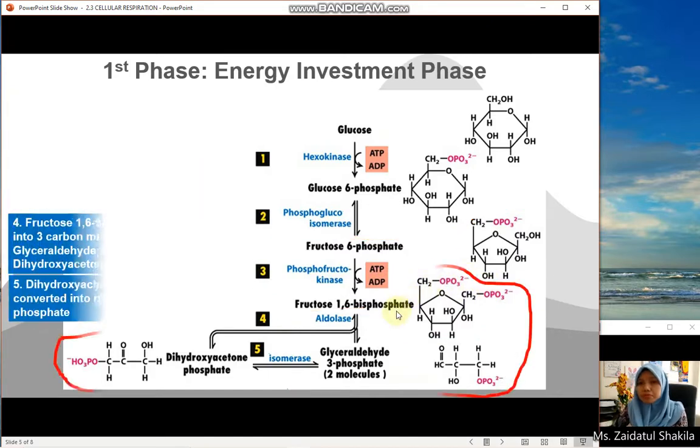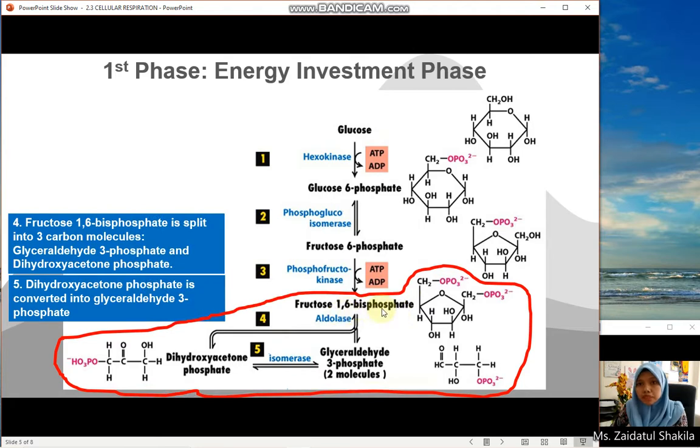Step number 4: fructose 1,6-bisphosphate is split into 2 molecules of 3 carbon atoms, which are dihydroxyacetone phosphate and glyceraldehyde 3-phosphate. This reaction is catalyzed by the aldolase enzyme. Then step number 5: dihydroxyacetone phosphate is converted into its isomer, glyceraldehyde 3-phosphate.